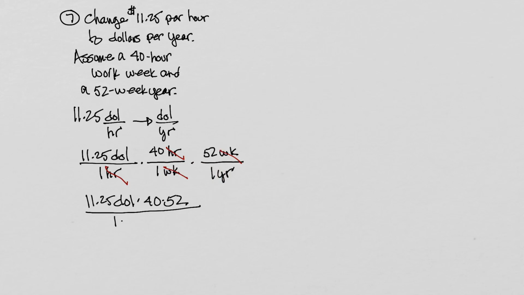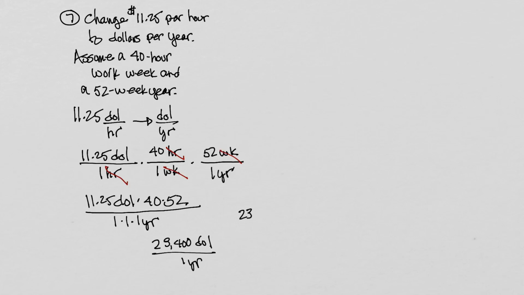So we'll have 1 times 1 times 1 year. And when I make this multiplication on my calculator, 11.25 times 40 times 52, I got $23,400 over 1 year.